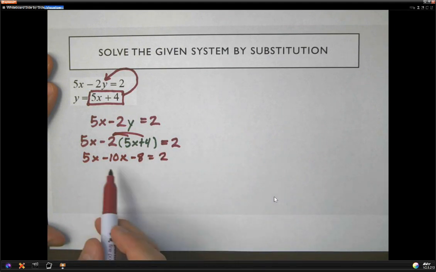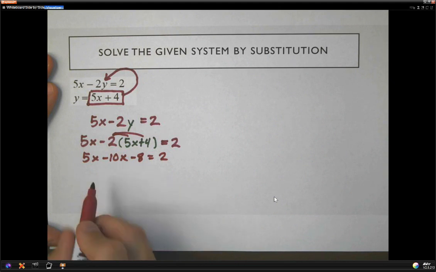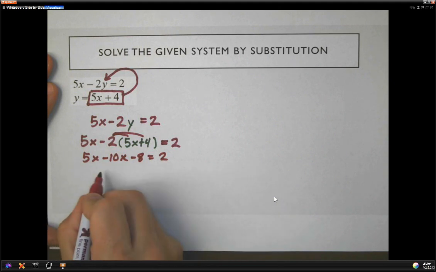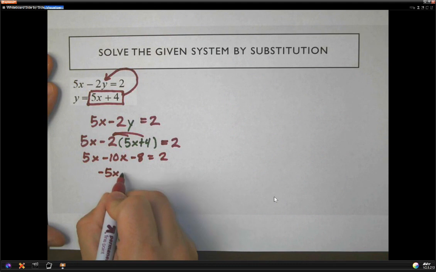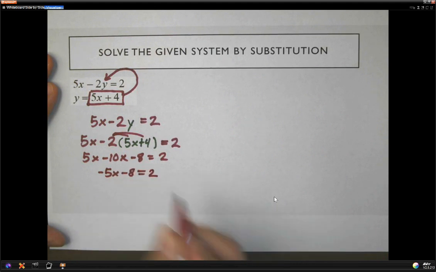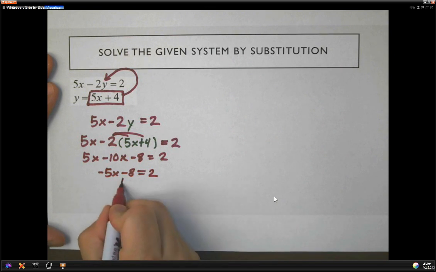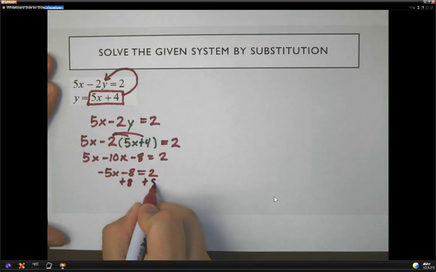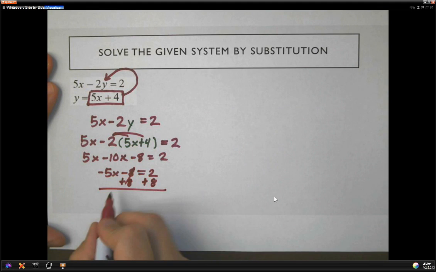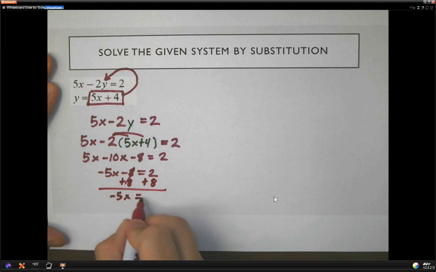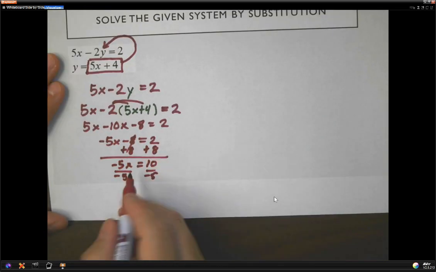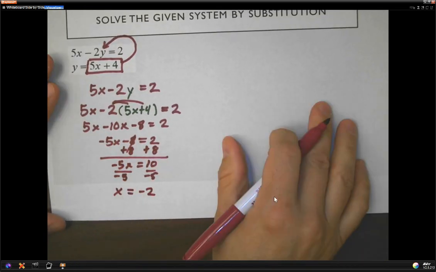Then I look and see that there's some combining of like terms that I can do. 5x minus 10x is a negative 5x. Once I've combined like terms, now I can start to do those inverse operations, getting the 8 to the other side using my inverse operations, and then getting that negative 5 to the other side. So we end up getting x is equal to negative 2.